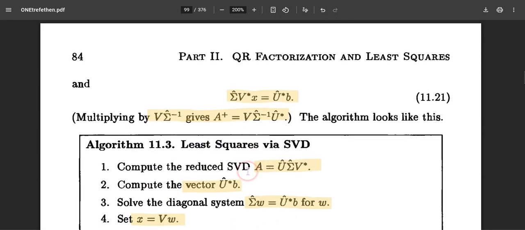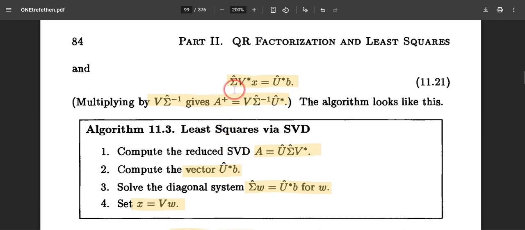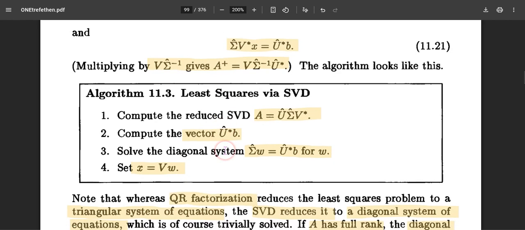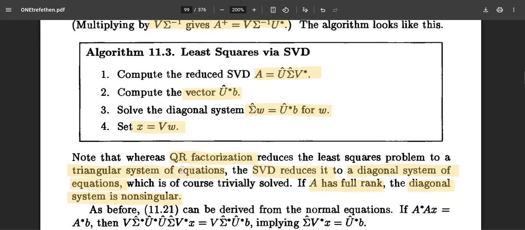Again we can solve for the vector x using the diagonal matrix. This is algorithm 3: we compute the singular value decomposition, then U transpose b, then the vector w is solved from this matrix equation and substituted here to solve for the vector x.